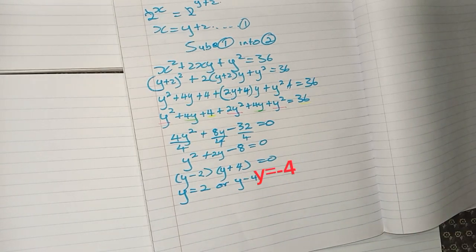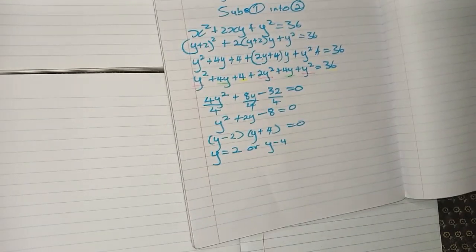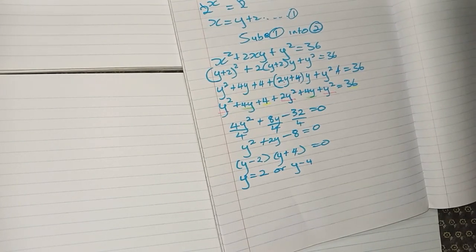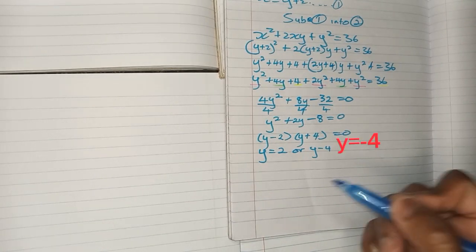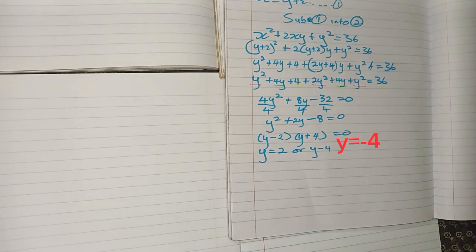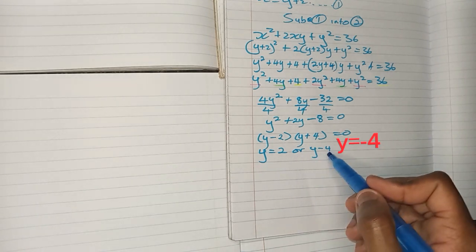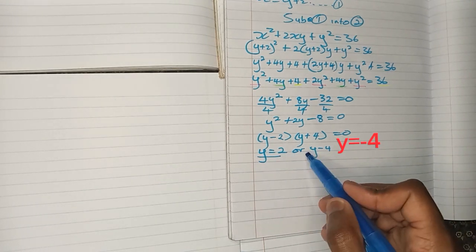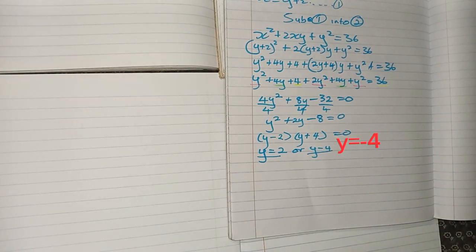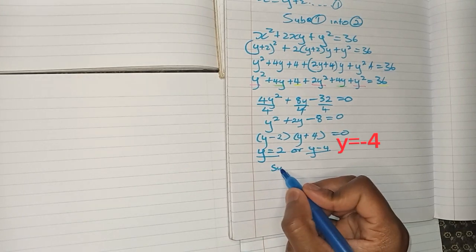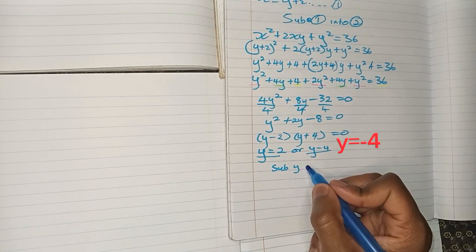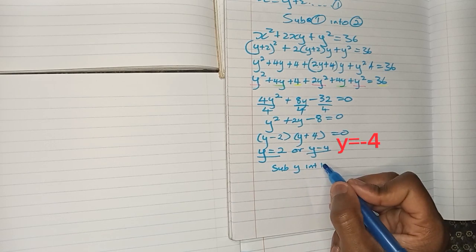Now what you do from here is to, right guys, I just hope you can see this. Right, now what you do from here is to try to find maybe your x's, because you have two y's here, two y solutions. Now you try to find your x's. All right, let's do that. Sub y into equation 1.